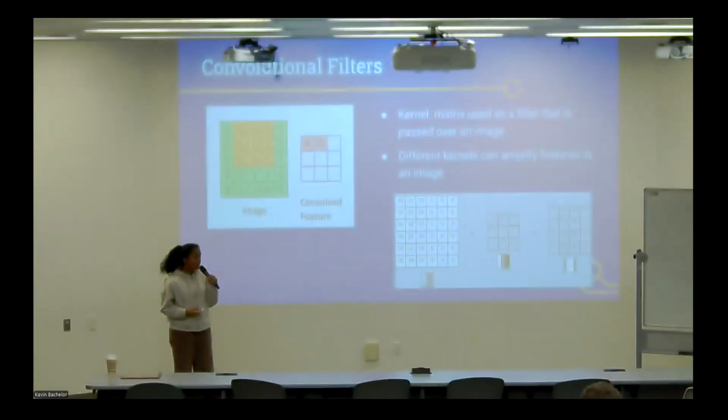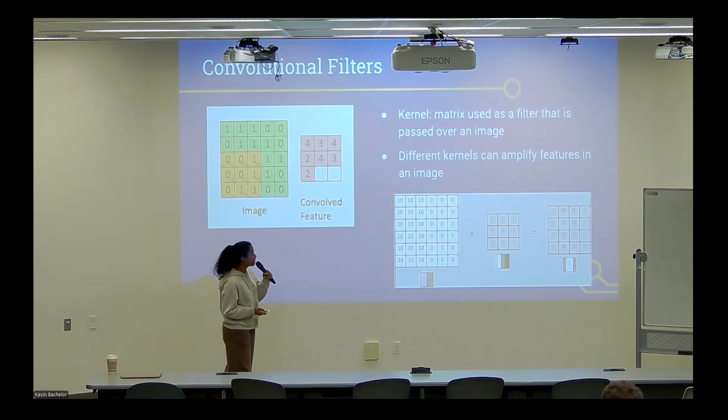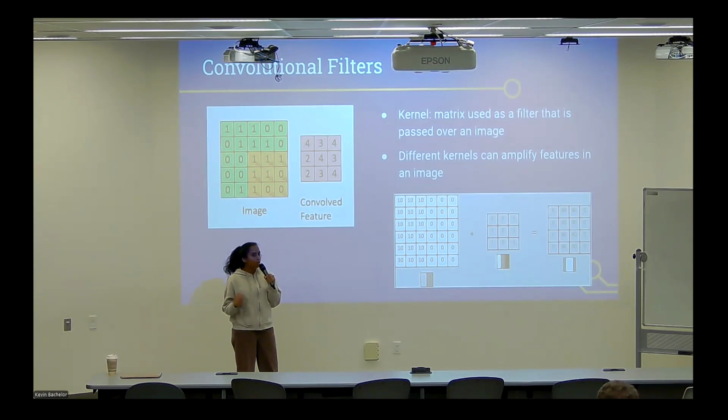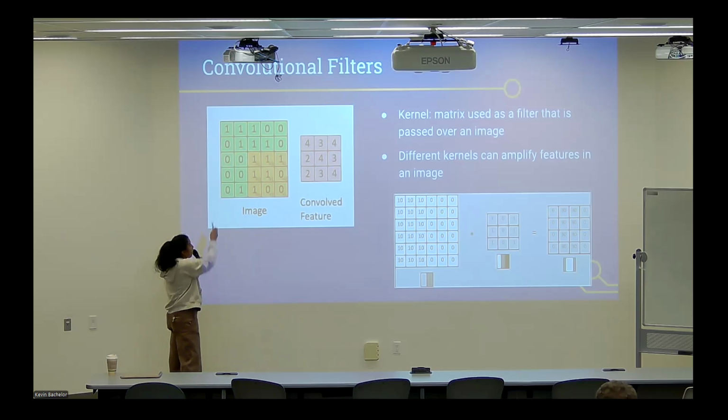All right. So let's get into filters. A kernel is the matrix that's used as a filter that's passed over the image. So what do I mean by that? What does a filter actually do? Well, let's say this is our image right here, and we have a 3x3 filter there. What a filter would do is basically convolve.